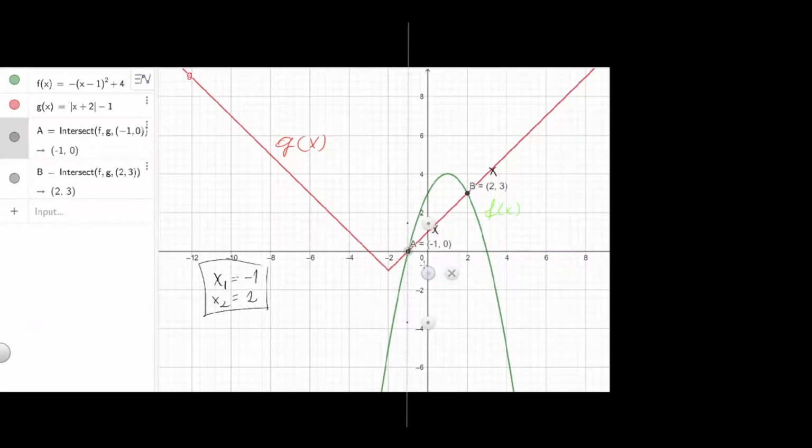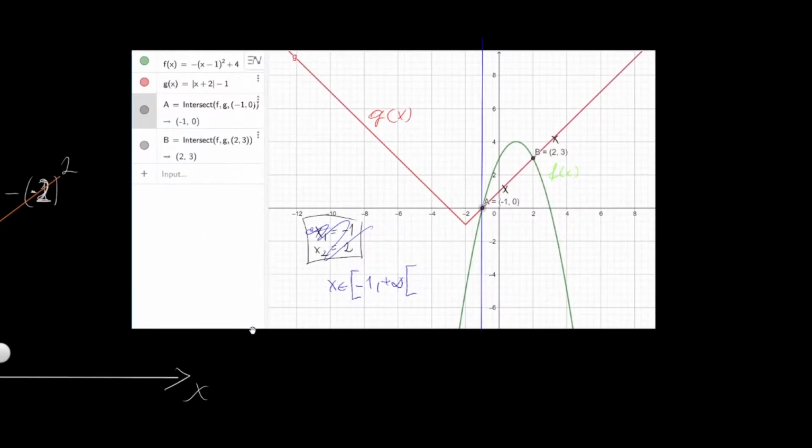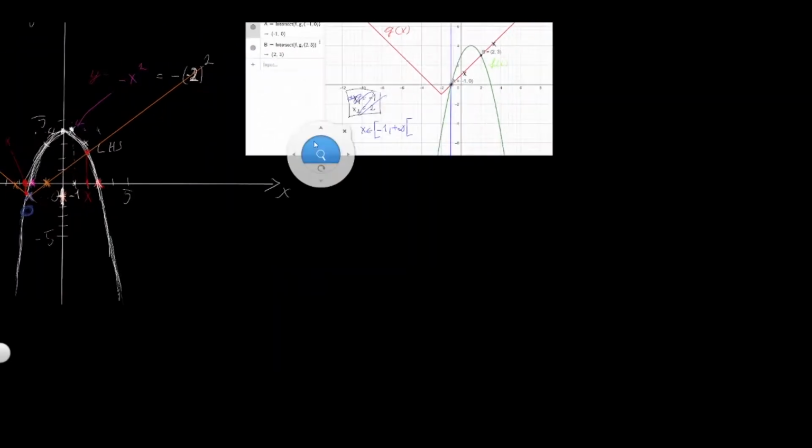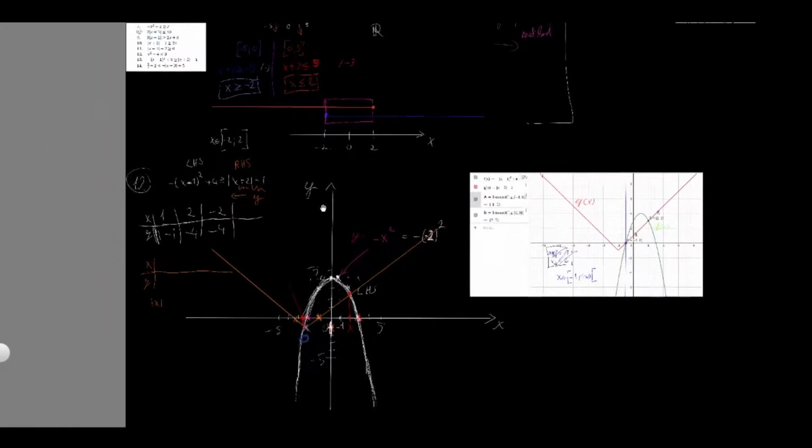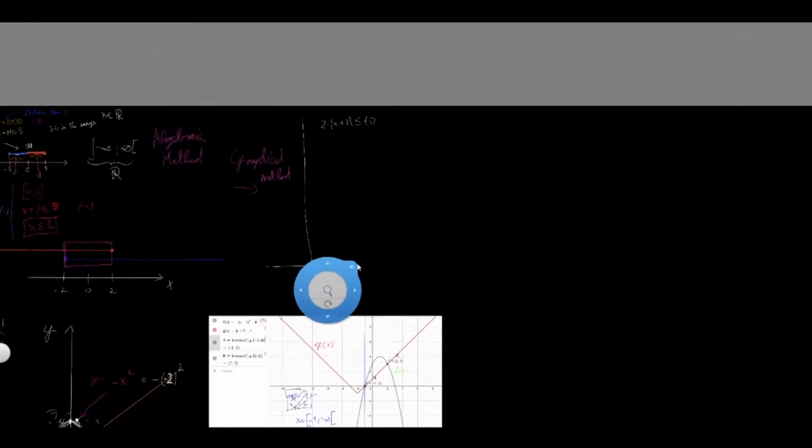So everything from this line to the right is solution. So everything from -1, including -1, to positive infinity is the solution of this inequality. And you can just check that. Put in some values and try that out.